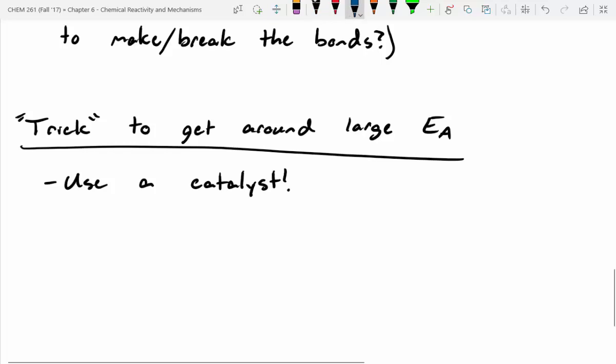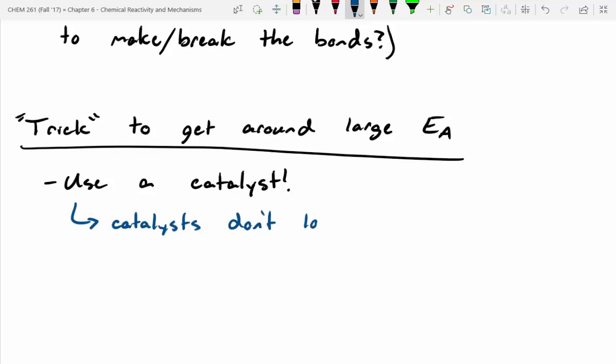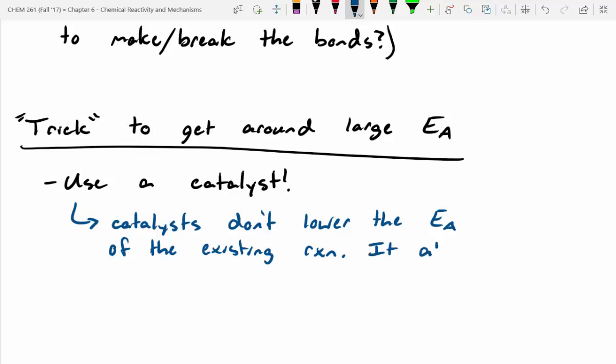It's important to note that catalysts don't exactly lower the EA of the existing reaction. It allows the reaction to go through a completely different pathway.